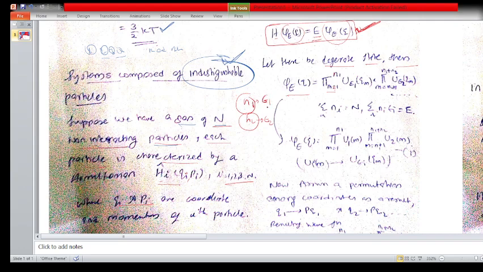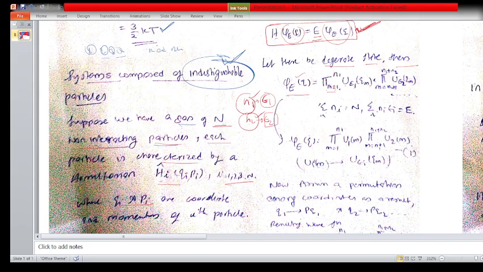So in this energy level E1 we are having n1 number of particles. In the E2 energy level we are having n2 particles. Which means that these energies are degenerate. So if you have such a system, your total wave function will be the product over m equal to 1 to n1 of u e1 of qm.